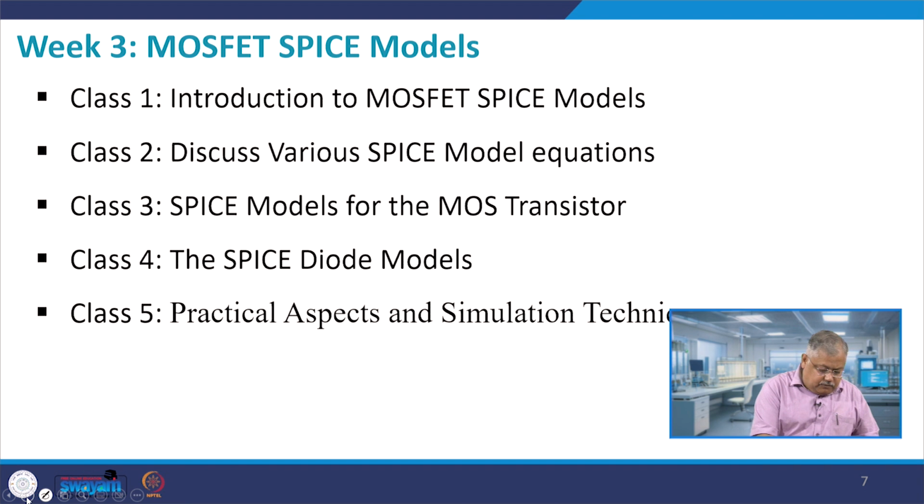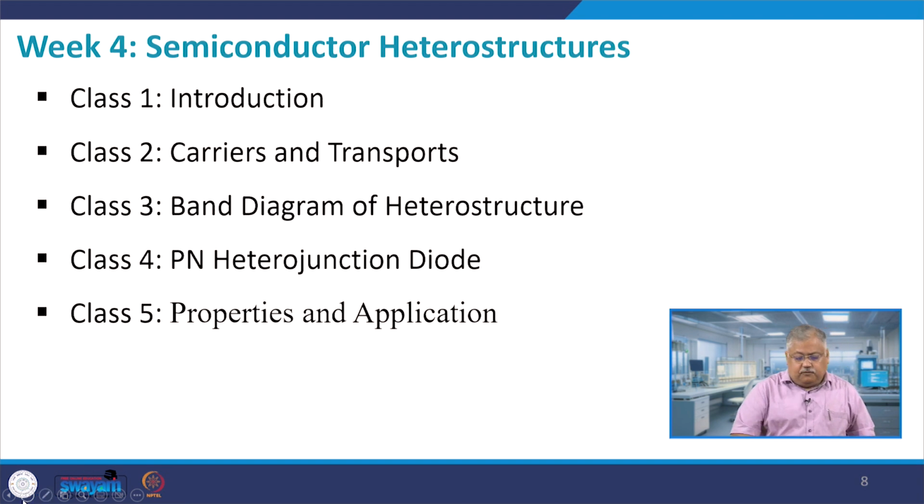Let me come to week number 4 now. So, this is week number 4. Week number 4 is a slight deviation from the exact nature of the whole course. This is basically heterostructure, which means that we will be looking into structures which are sandwich structures.